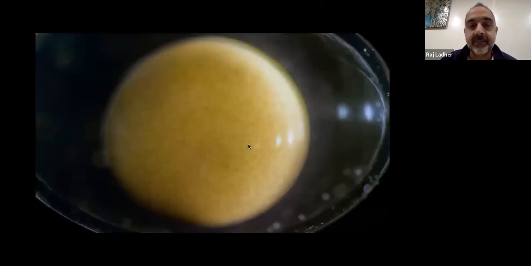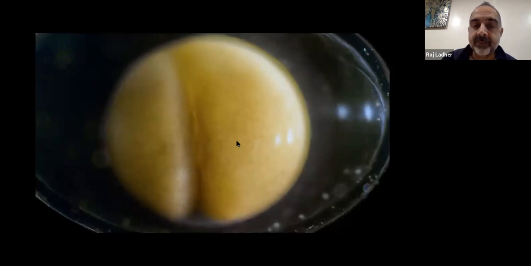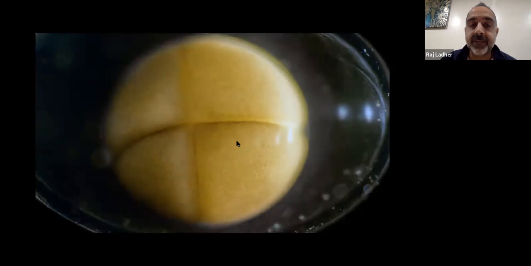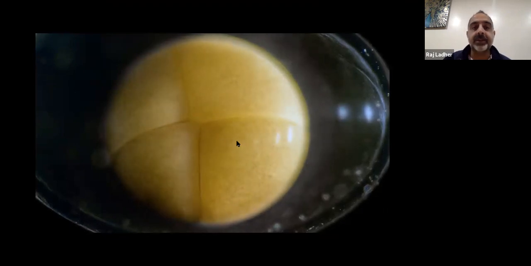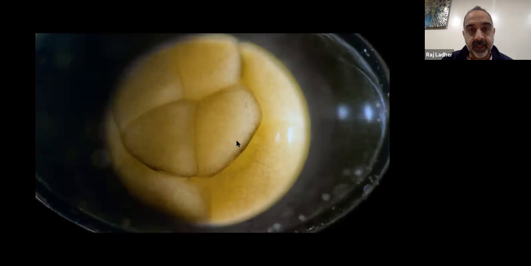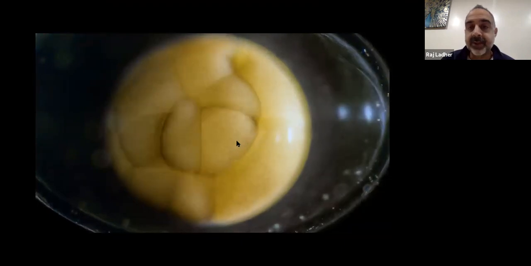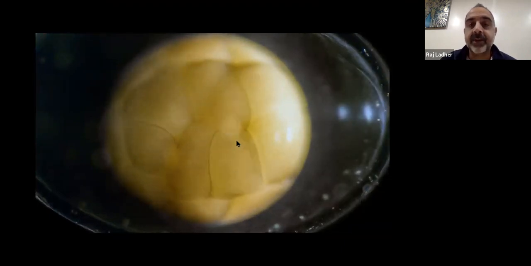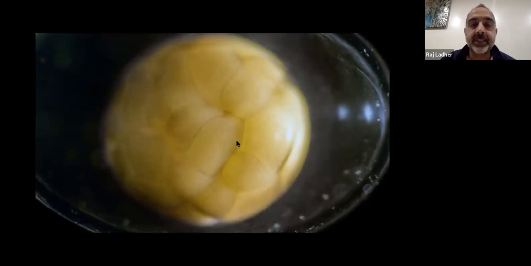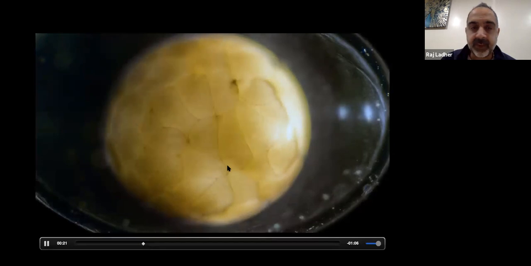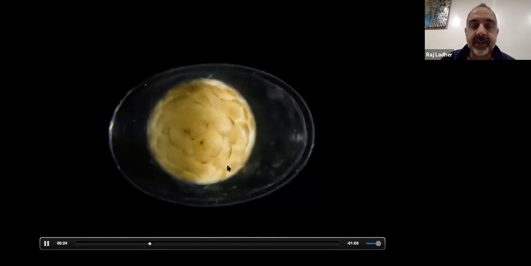This I'm going to skip through. This is just that amphibian movie that we looked at a few times now, and it's just to talk about cleavage here. The cleavage of the amphibian embryo, you can see that it starts off fairly regularly.